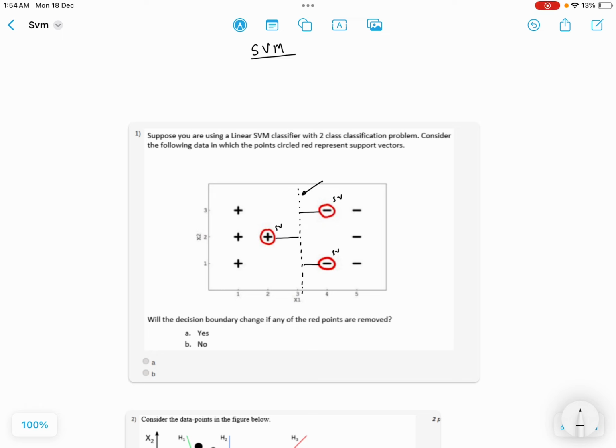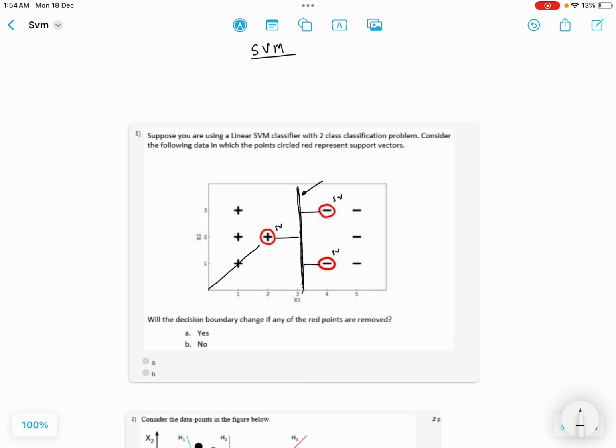While running the algorithm, to make this optimal decision that this will be the separating hyperplane, it uses these vectors, right?